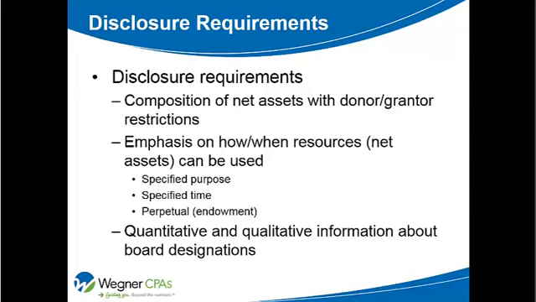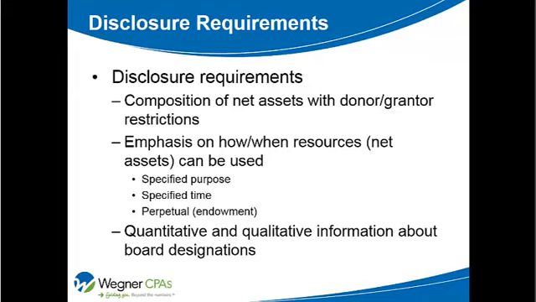Okay, and then they're showing you on the statement of activities, you could do with and without donor restrictions as columns. That would be one option of how you show this. Or you could do the top half of the statement of activities would be without donor restrictions. The bottom half would be with donor restrictions. So there's a couple options there.